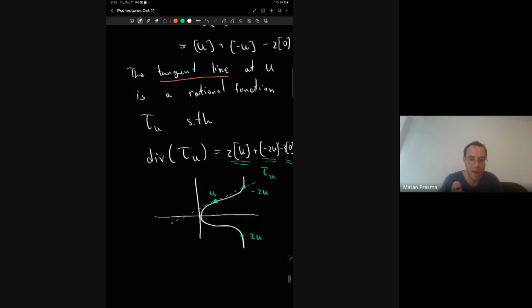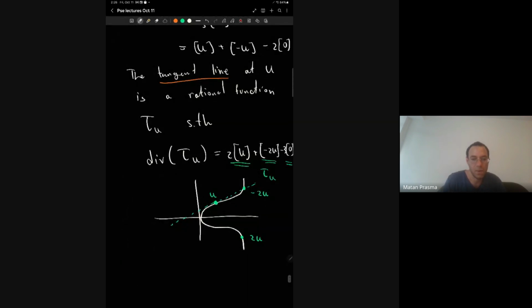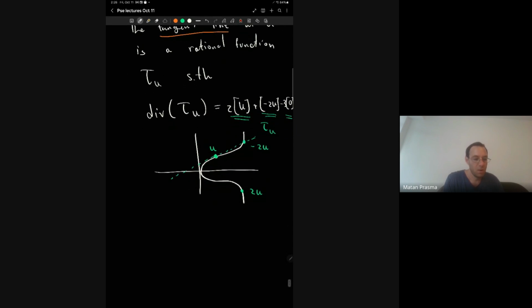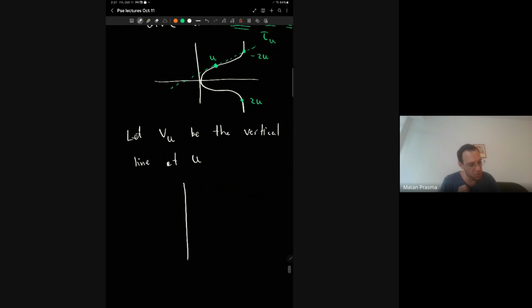And the vertical line, so let V_U be the vertical line at U. And let's draw the picture again.